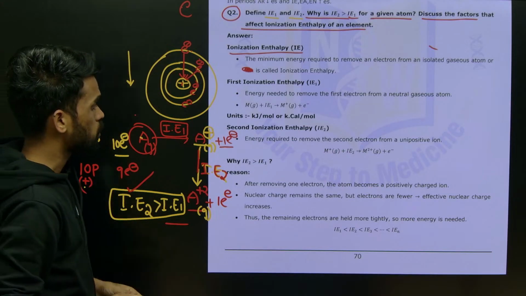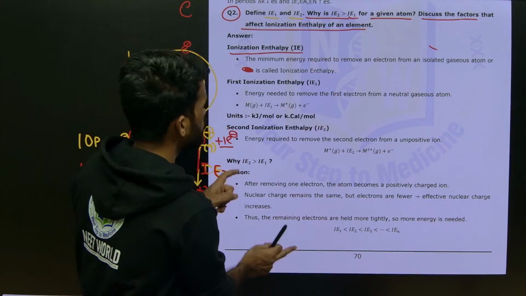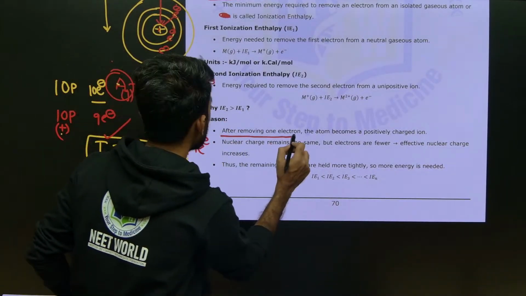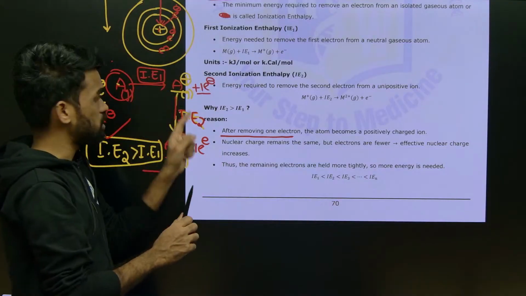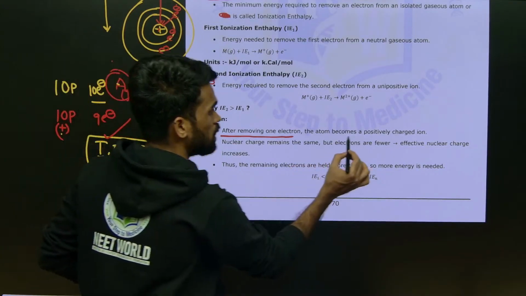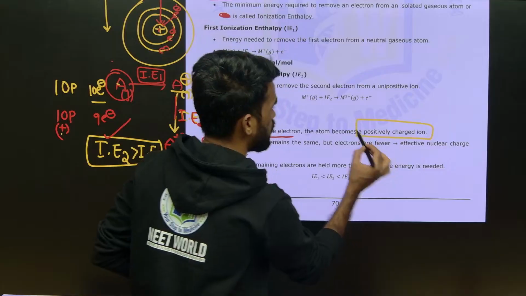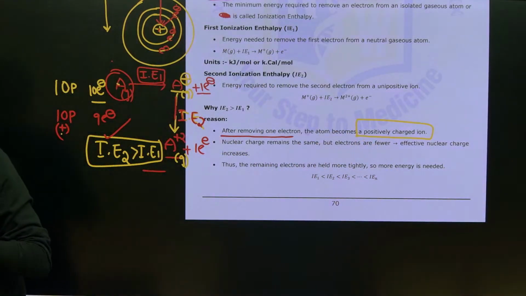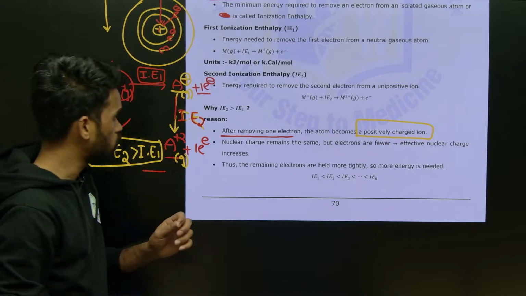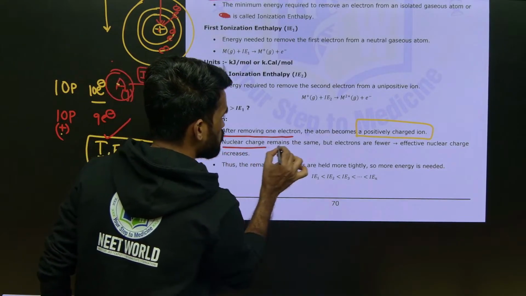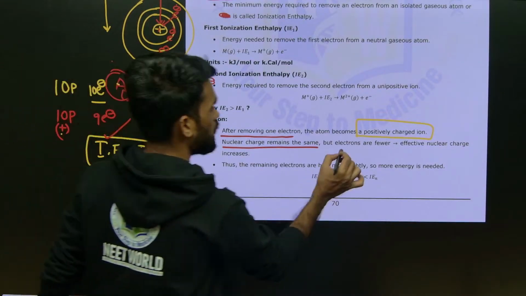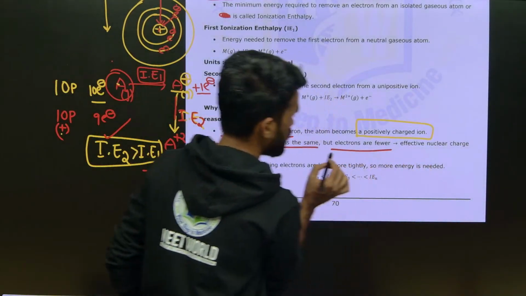Remember this point. Now see why IE2 is greater than IE1. After removing one electron, that is, after the first ionization energy, the atom becomes a positively charged ion. The nuclear charge remains the same, 10 protons, but electrons are fewer.